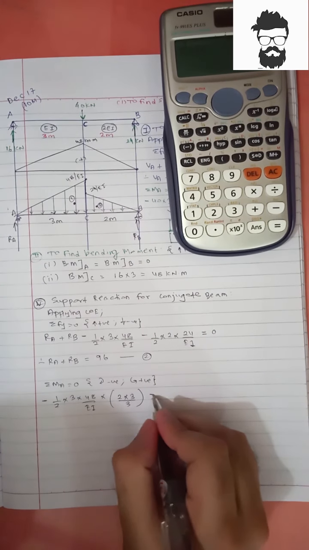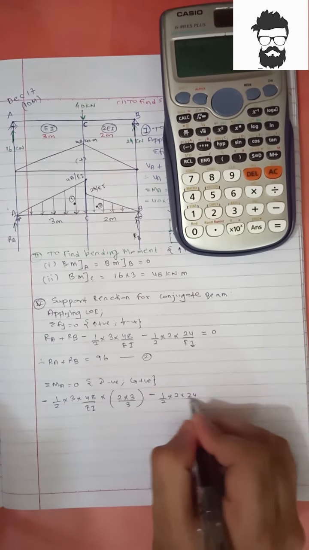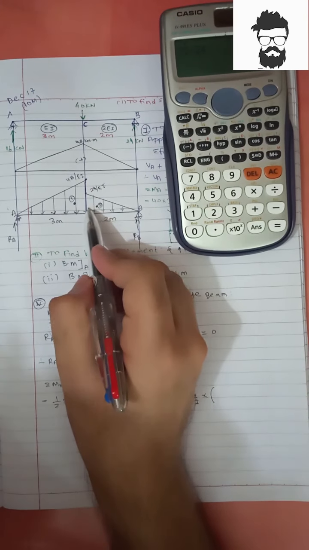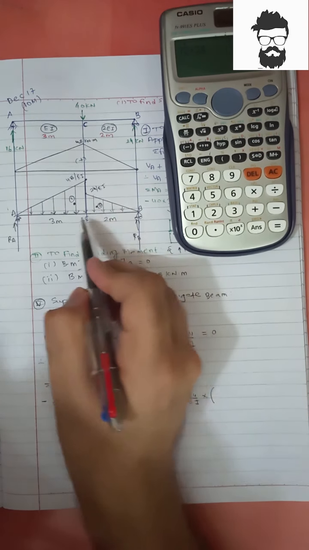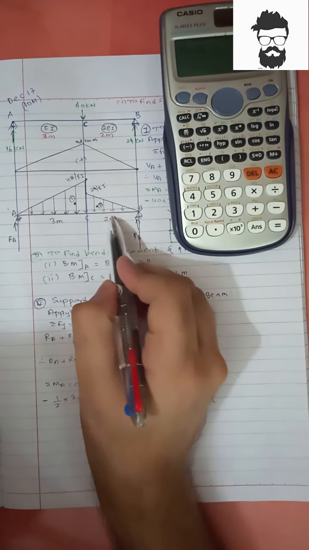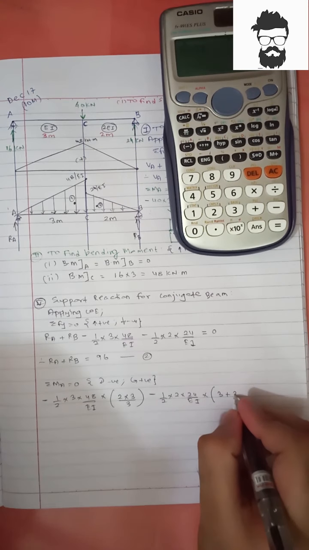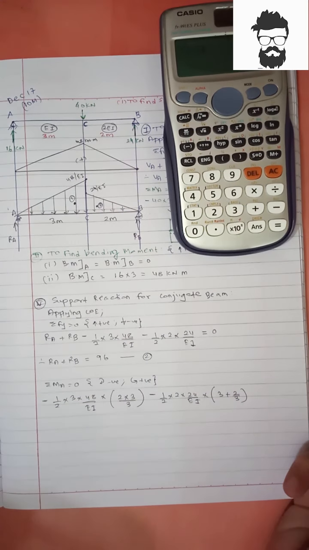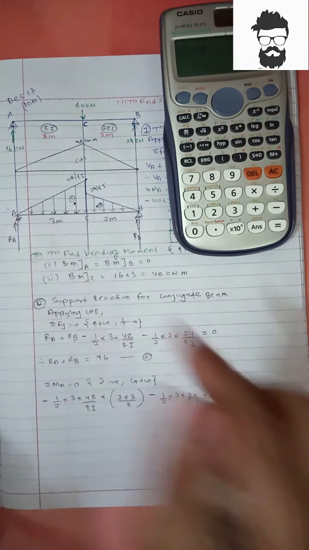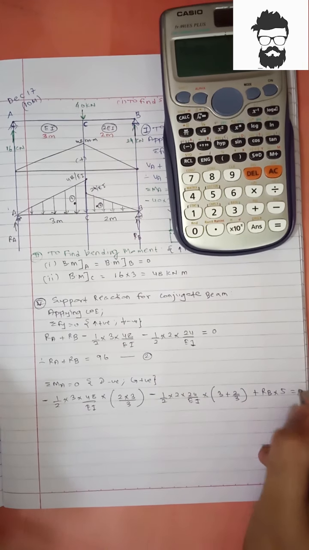This area is also negative, half into base into height and its CG. Now CG for this distance is b by 3 and the remaining distance till A is 3. So 3 plus b by 3 and b is 2. So 3 plus b by 3 means 2 by 3. And what is left is RB into 5, it is going anti-clockwise, so plus RB into 5 equals to 0.